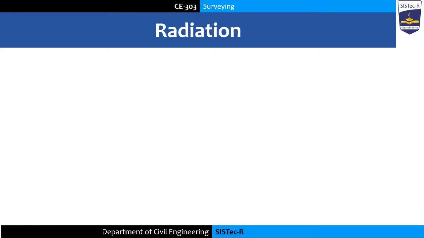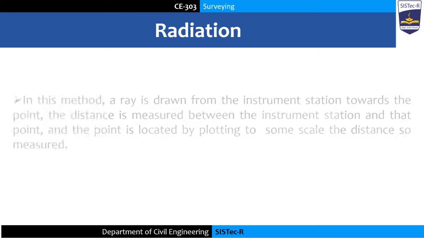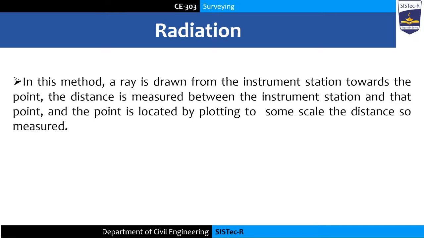So now we will see the first method for plane table surveying, that is radiation. In this method, a ray is drawn from the instrument station towards the point. The distance is measured between the instrument station and that point, and the point is located by plotting the distance so measured to some scale.